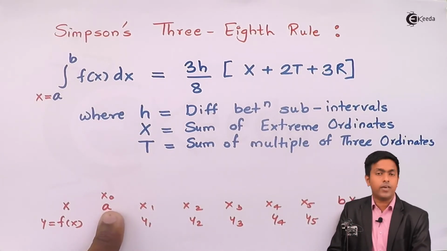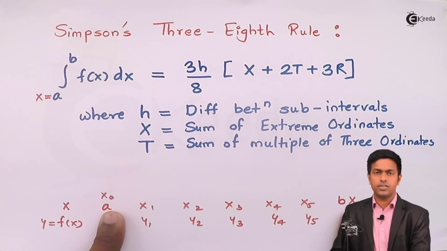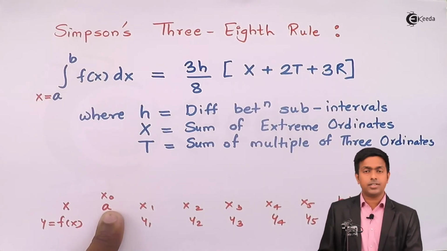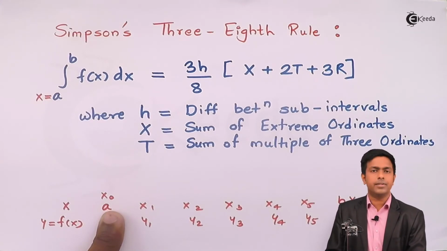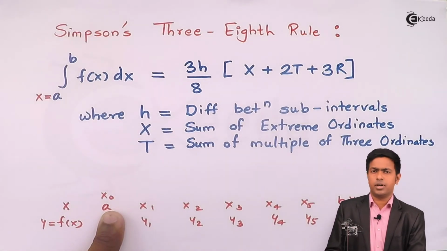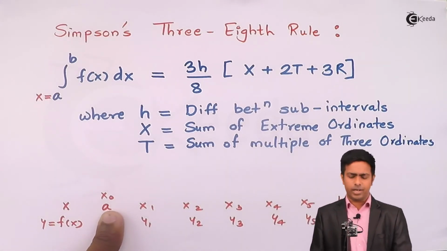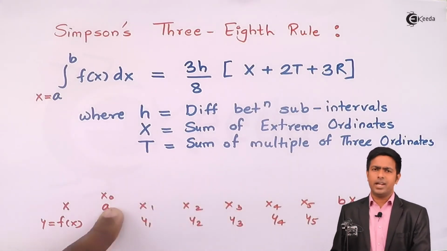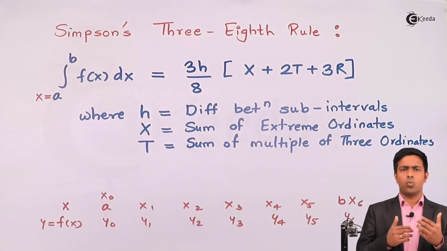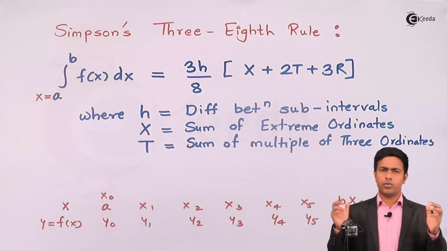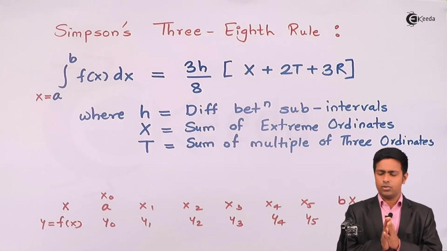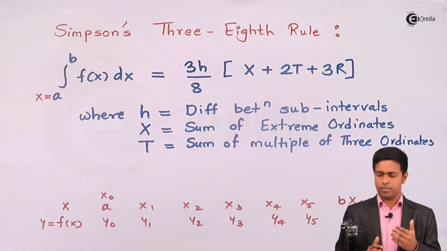Out of the remaining 5 ordinates, we have to consider only the ordinates which are multiple of 3. Here it is y3. Since we have only a single such ordinate, the value of y3 will be copied here. But let's say we have y6, y9, y12. These multiple of 3 ordinates, we add all the values, and we call it t.